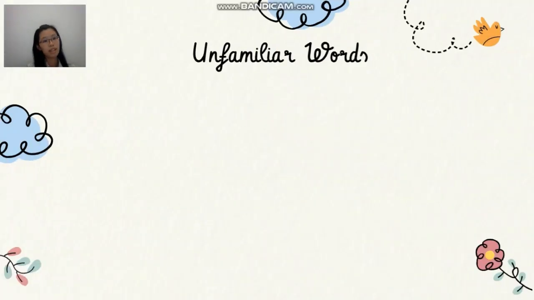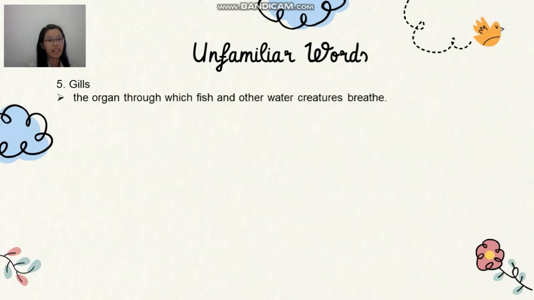The fifth, we have gills, the organ through which fish and other water creatures breathe. The sixth is inadvertently, in a way that is not intentional.